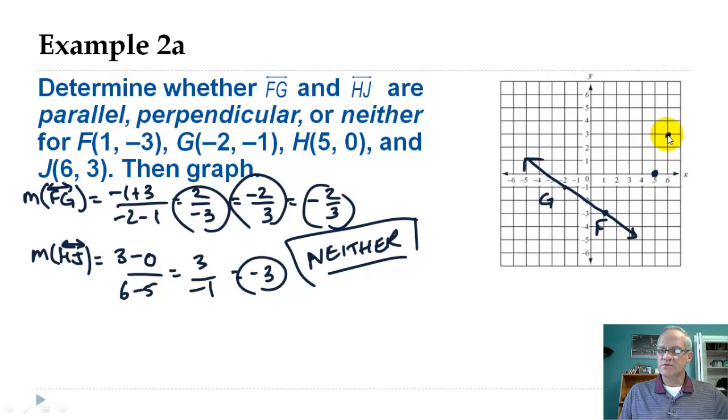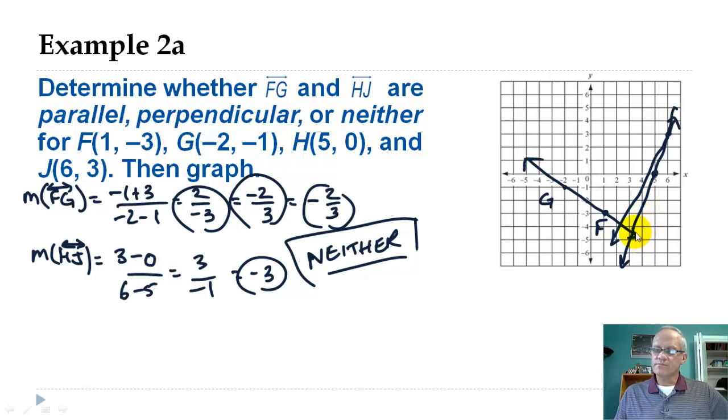And there's 6, 3. And so that line looks something like this. I kind of drew it a little off there. Yeah, but you get the idea. It probably should have gone more like that. That's a little bit better there. What I drew actually looked close to perpendicular, and so those would not be quite perpendicular there.